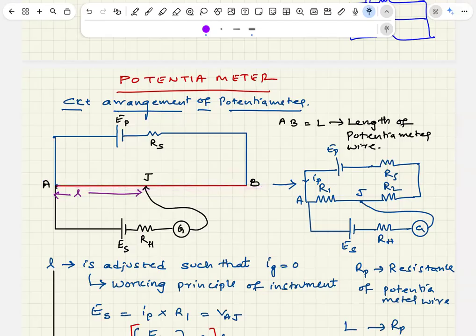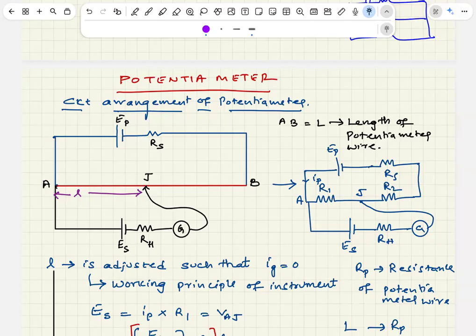See, once the circuit is connected, even in the lab what we will check is the jockey is placed once here. Galvanometer shows one-way deflection. When you place the jockey here, the galvanometer shows the other way deflection. If the galvanometer shows different directions of deflection, your circuit is correct. Suppose I place the jockey here, the galvanometer shows a leftward deflection, for example. When I am placing here, still it shows leftward deflection, then either your circuit is wrong or the condition is not achieved.